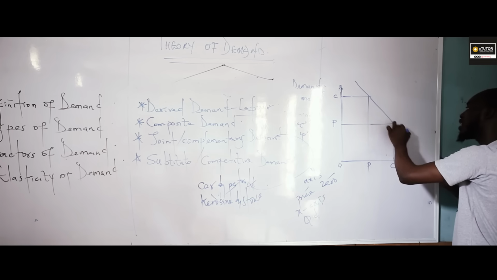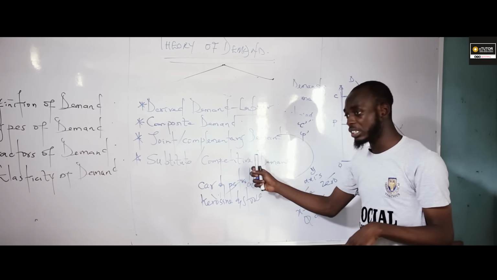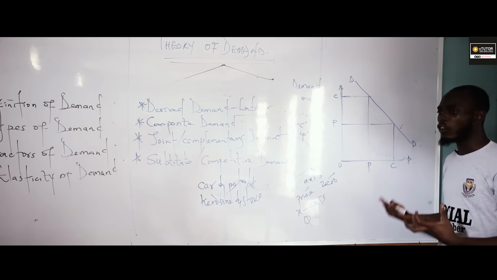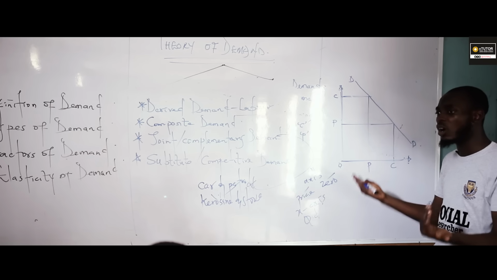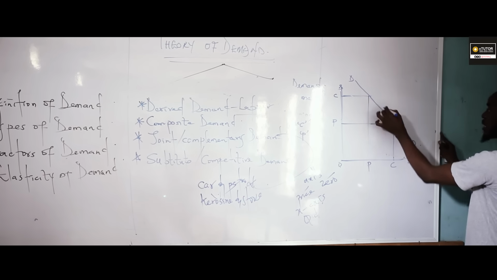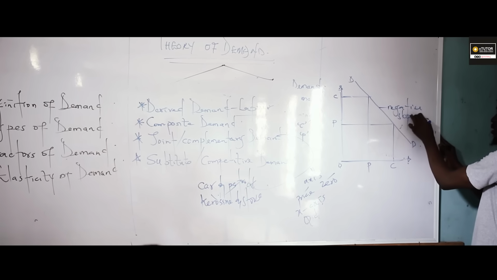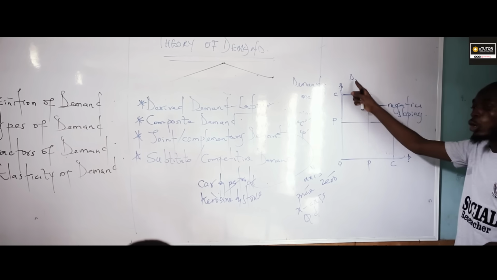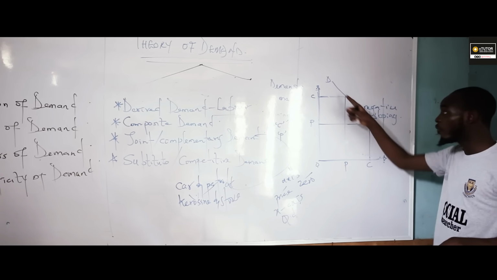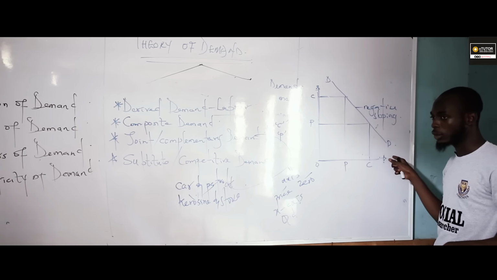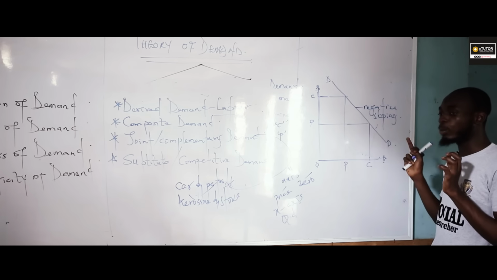So whenever they ask us a question under joint or complementary demand, whether the curve is positive sloping or negative sloping, the answer will be that it is negative sloping, just because it slopes downward from left to the right. Am I communicating? So that's the reason why we have joint or complementary demand.